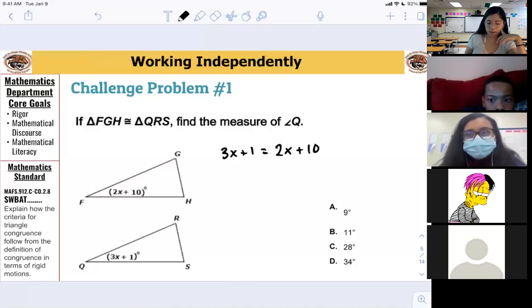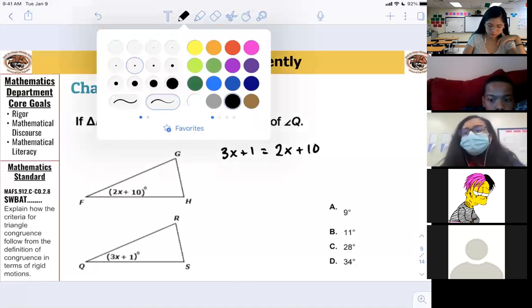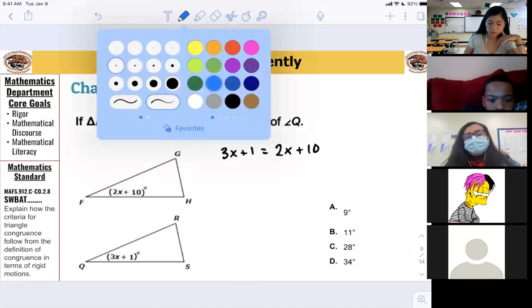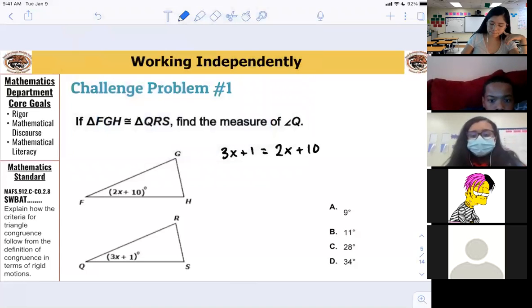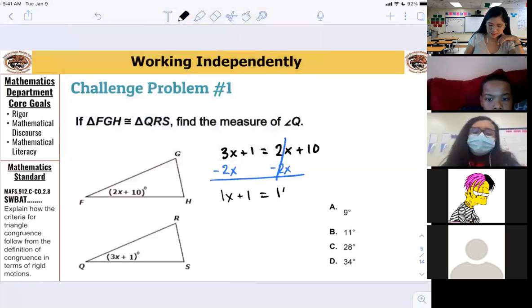All right, so now I'm solving. What do I do? Subtract 2x. Bring it to the left. Okay. And what do I get? Oh, 1x. 1x plus 1 equals 10.